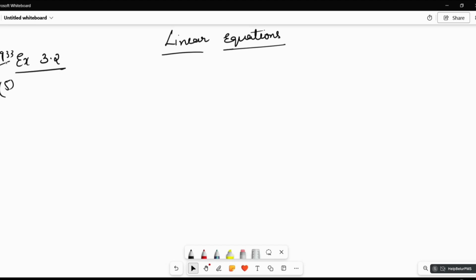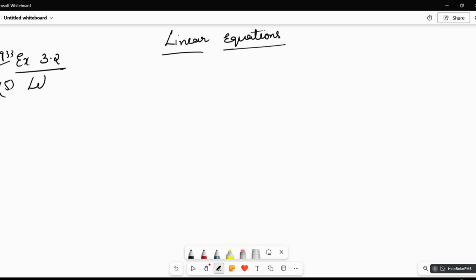A fraction becomes 9 by 11 if 2 is added to both the numerator and denominator. And if 3 is added to both the numerator and denominator, it becomes 5 by 6. Find the fraction.